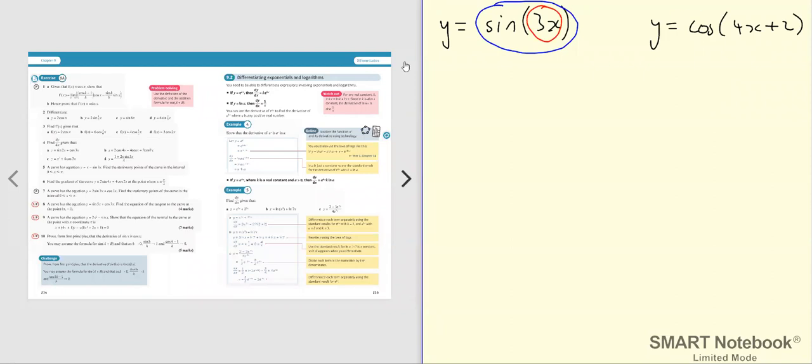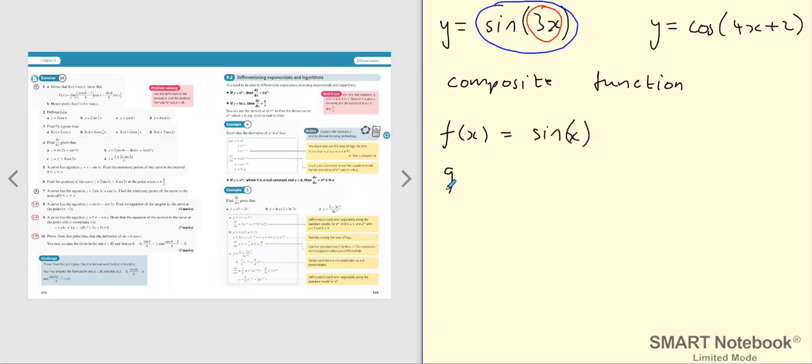Each of these here is made up of more than one function. That is known as a composite function. So, for example, you might have f of x equals sine x, and g of x equals 3x. And actually, sine 3x is the same as saying fg of x.